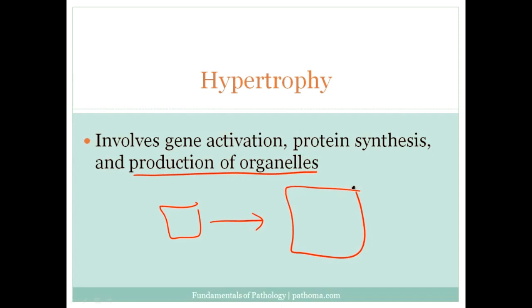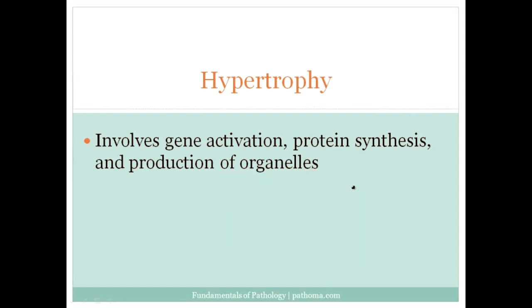For example, mitochondria is important for cellular function, and so you will need to increase the number of mitochondria in a cell if we increase its size. So production of organelles is also an important mechanism of hypertrophy, and both of these go hand in hand. So that's why I say here in your text that hypertrophy involves gene activation, protein synthesis, and production of organelles.